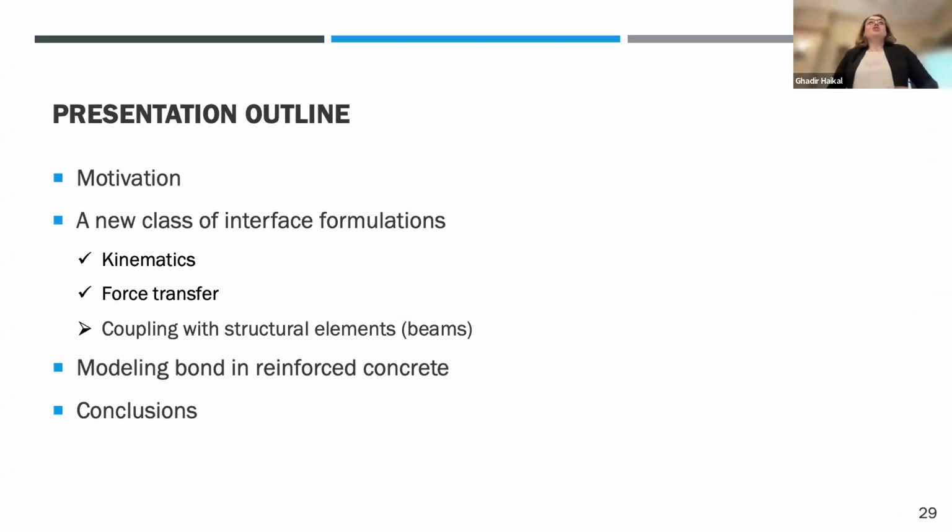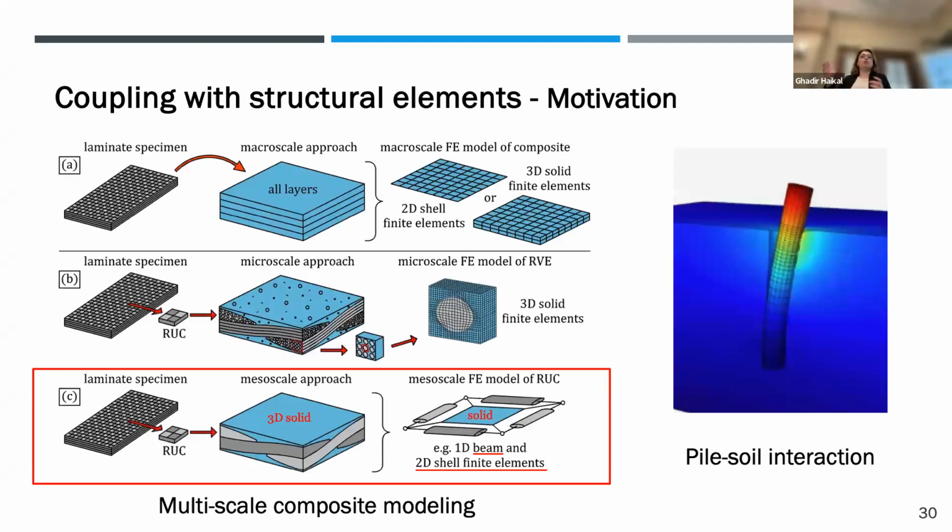So being structural engineers, we wanted to see, okay, what happens if I wanted to use it to couple a structure that's modeled as a three-dimensional solid with a beam, right? We have beam formulations that we can use for a lot of different applications. And one of them is pile-soil interaction, for example. The other one is the modeling of composite materials.